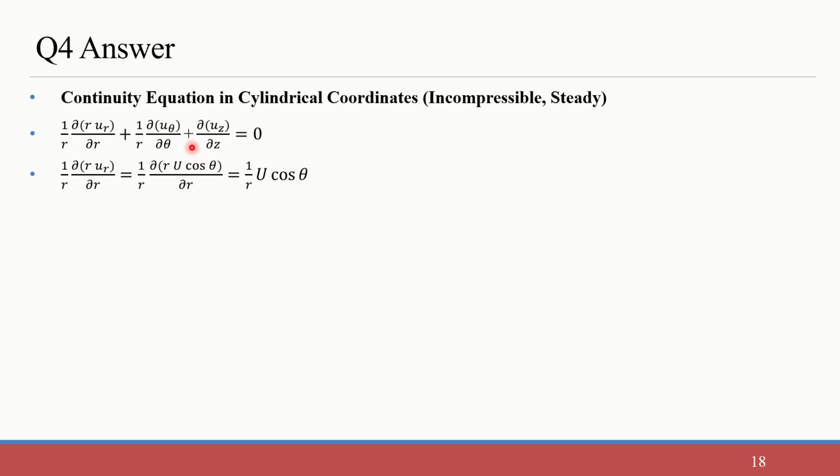Here u cos theta is a constant, so it becomes dou r by dou r, which is 1. So it is u cos theta by r. I hope it is clear. What we are doing is writing the continuity equation in the cylindrical coordinates, expanding each term, taking the derivatives, and checking whether the continuity equation is satisfied or not.